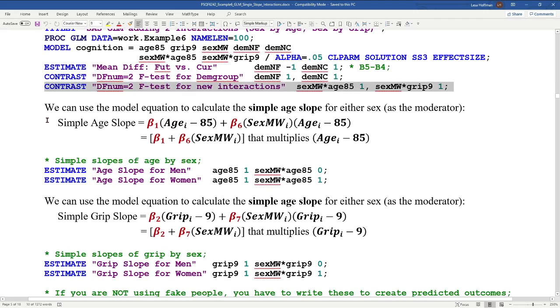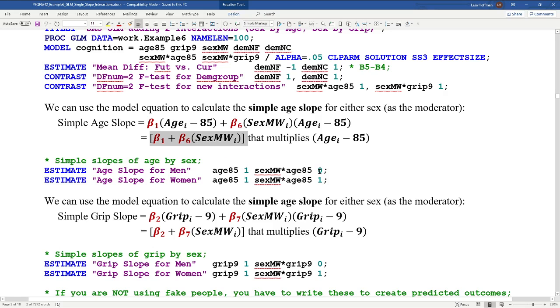We then went over simple slopes, and this is how one would get an age slope for gender as a moderator. So following the same logic that we did in the slides, we first find all the terms that have age in them. We then factor age out, and the root of what's left here gives us the ingredients. We need beta 1, and then beta 6 gets multiplied by whatever value for gender we're putting in here.